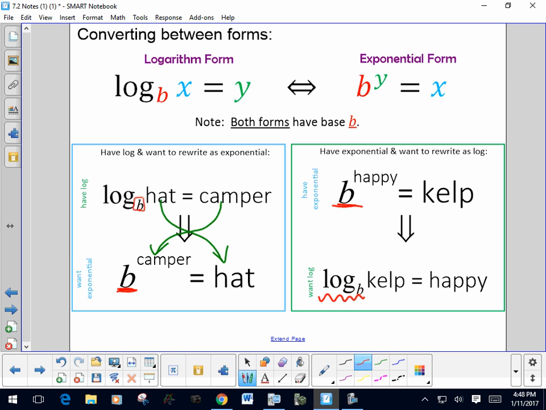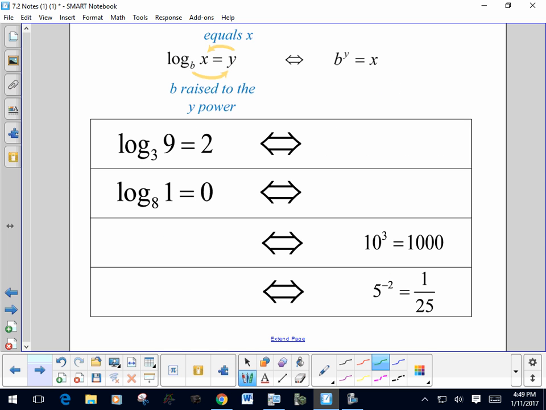So base is b here, and if the exponential is b to the happy power equals kelp, it would be the log of kelp equals happy. The input and the output switch because the two functions are inverses. Okay, so we can convert back and forth between those two forms.